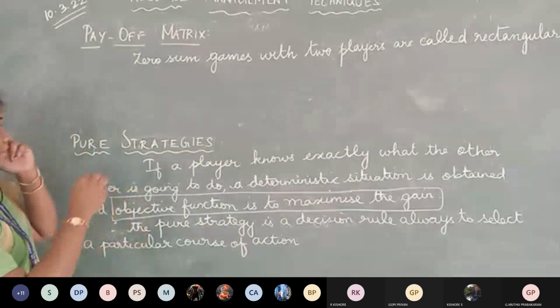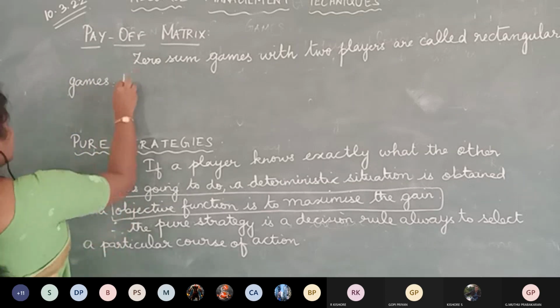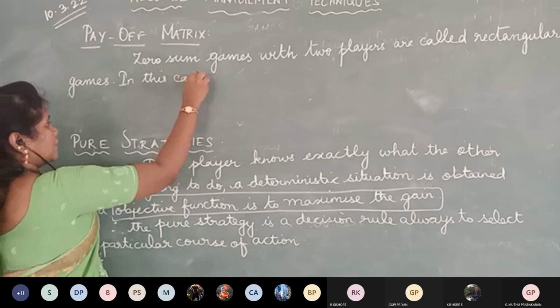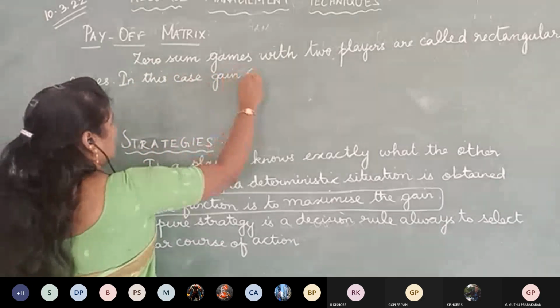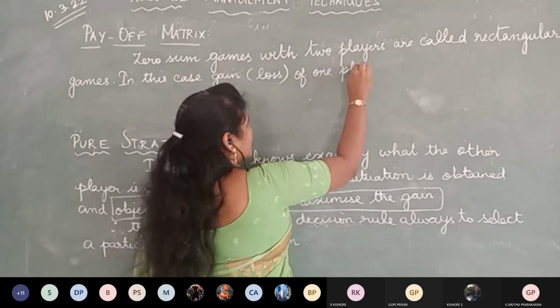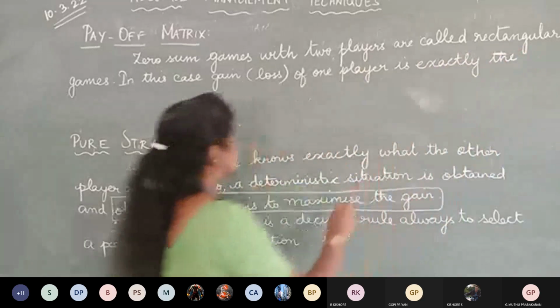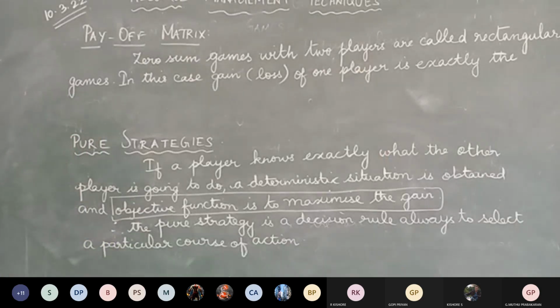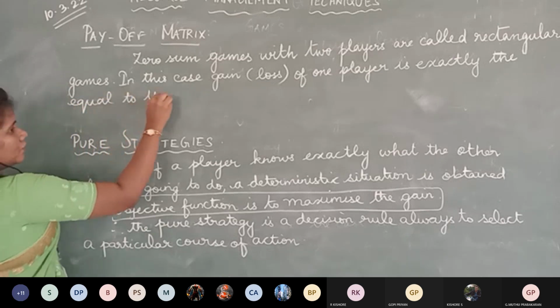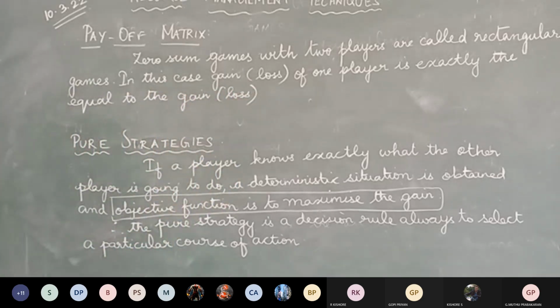In this case, the gain or loss of one player is exactly equal to the gain or loss of the other.